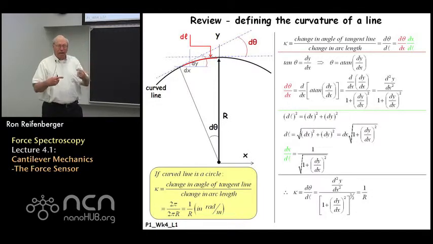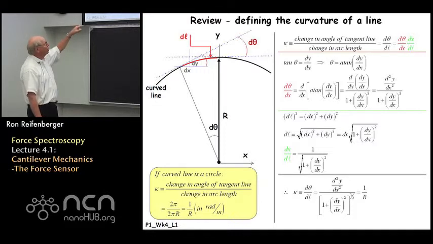If you want to generalize that discussion, then you have to use a little bit of algebra and calculus. And I work through the arithmetic of that on the right-hand portion of this slide. I think the calculus is pretty straightforward.